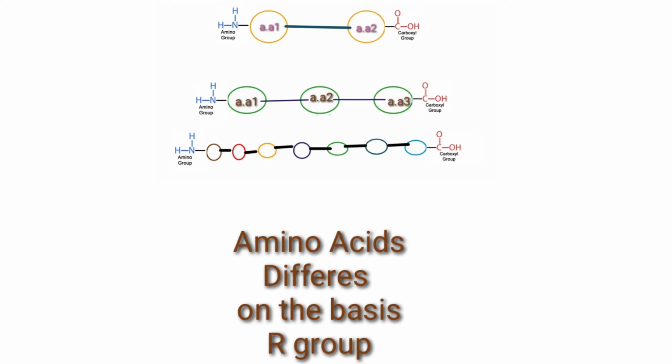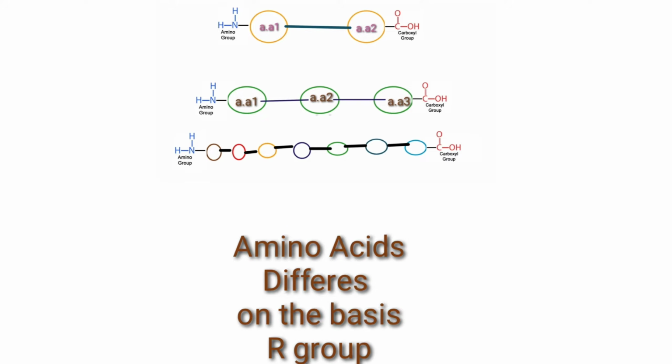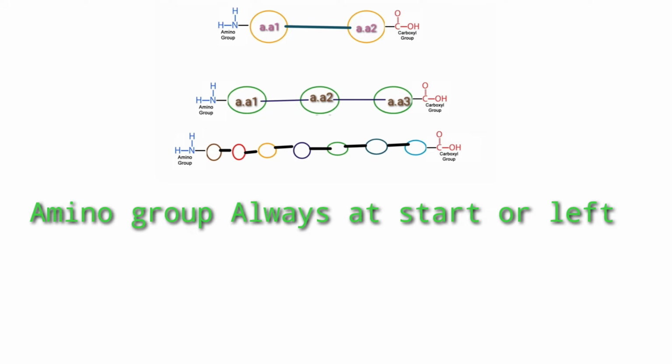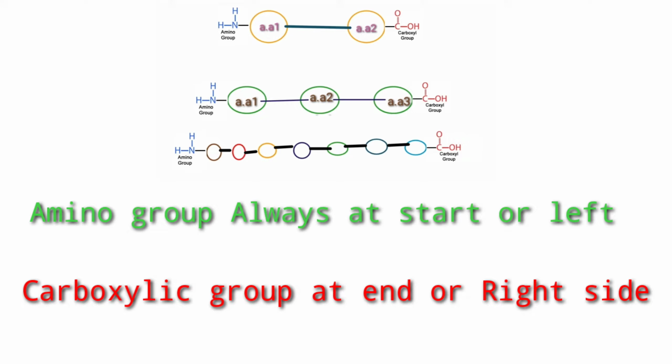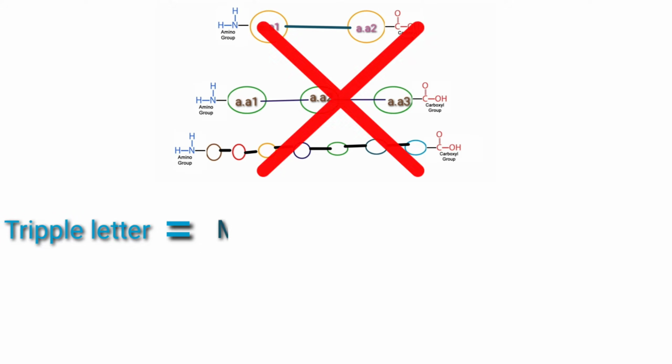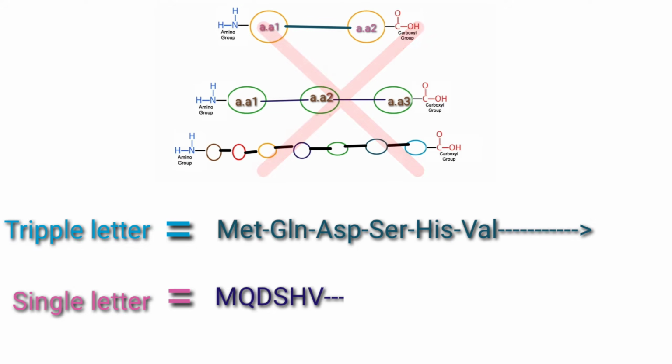So if you know the R group differences, you can easily identify that amino acid. As given in this diagram, an amino acid always contains an amino group at the left side and a carboxylic group at the right side. We need not write in this fashion, because amino acids have a triple letter code format and a single letter code format.